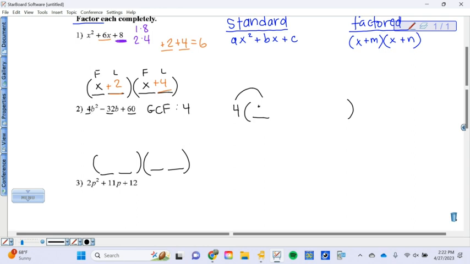Yeah, just 1b squared or b squared. 4 times what would give me negative 32b? What's 32 divided by 4? 8. So minus 8b. And then 4 times what would give me 60?